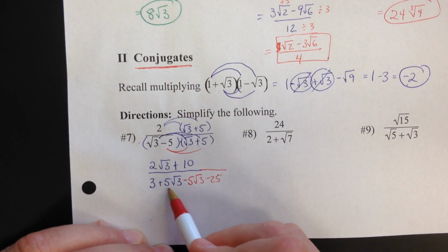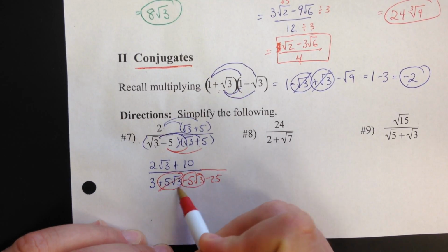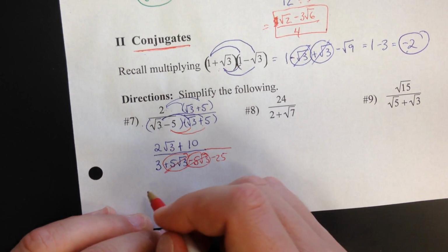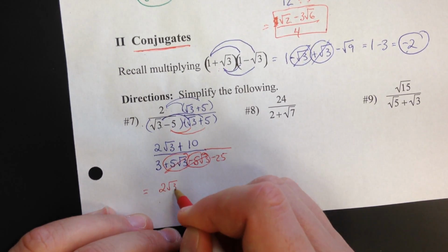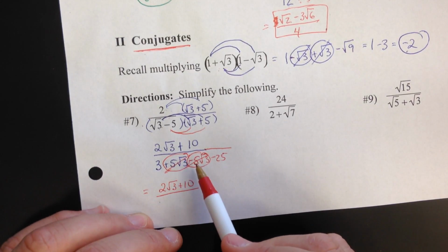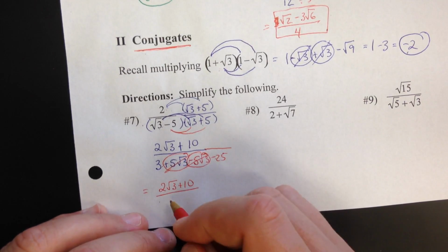Now in the denominator, 5 root 3 minus 5 root 3 is 0. So I'm going to cross that out, and what we get is 2 square root 3 plus 10 over, the radicals are gone, that's exactly what I want. 3 minus 25 is negative 22.